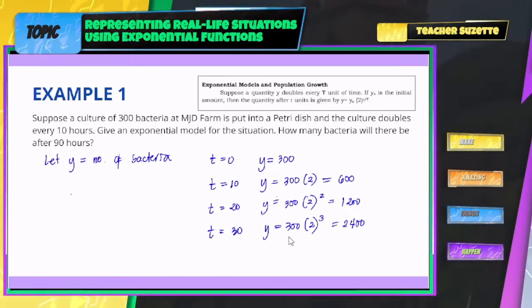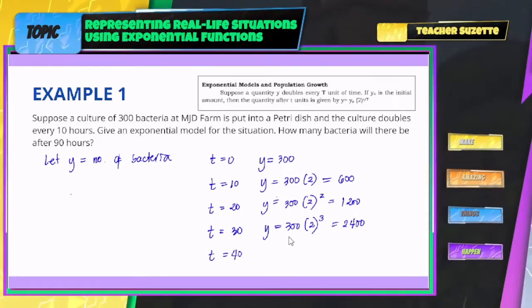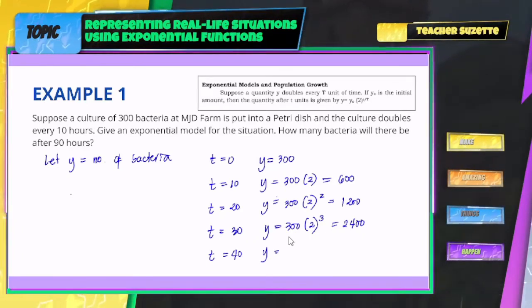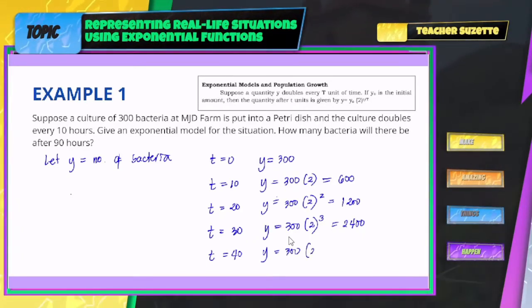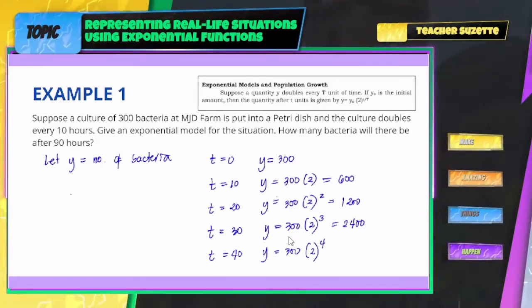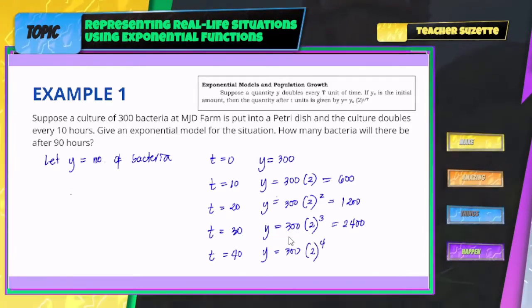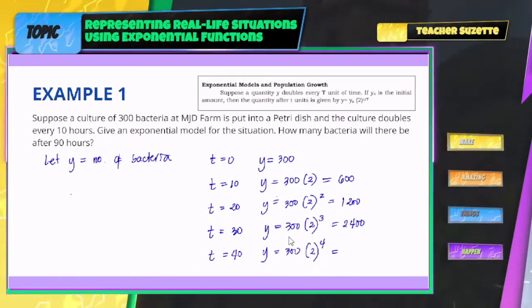And then, for the last one, let's say another 10 hours are added. So you will have 40 as your time, then y is equal to 300 times 2 raised to 4, because the doubling happened four times, once in every 10 hours. So, 2 raised to 4 is 16, times 300. That is 4,800 bacteria.